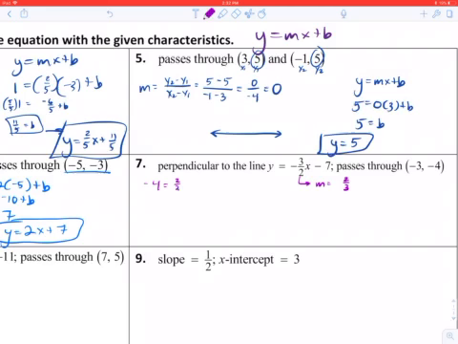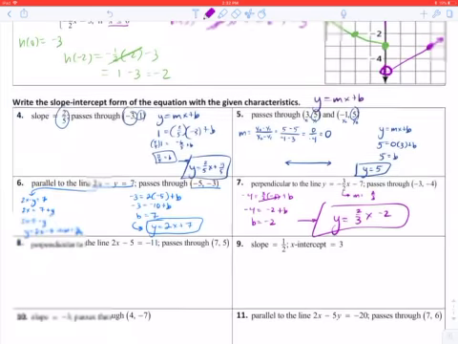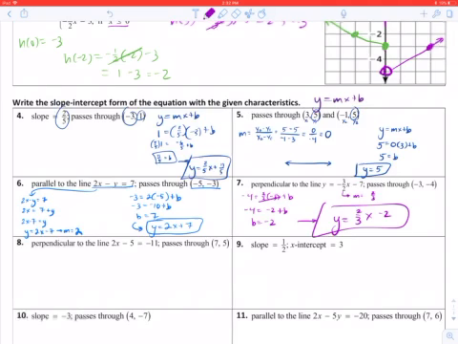Plug in negative 4 for the y, 2/3 for the m, negative 3 for the x. Solve for b. This is negative 4 is equal to negative 2 after those 3's cancel each other out. And our b is equal to negative 2. So y is equal to 2/3 x minus 2.